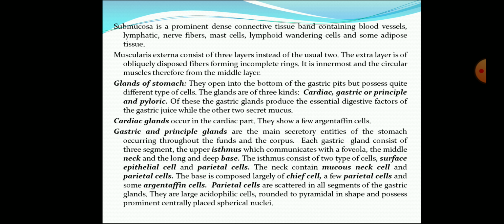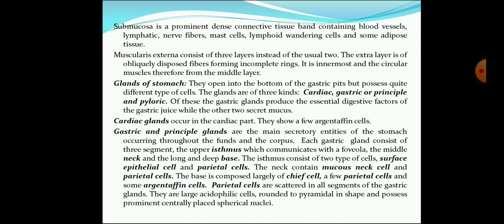These cells occur peripherally away from the glandular lumen and therefore communicate with the lumen by means of canaliculi, which occur between adjacent cells. These small passages are continuous with a network of intracellular secretory canaliculi formed by invaginations of the cell membrane. The intracellular canaliculi are lined with long microvilli.